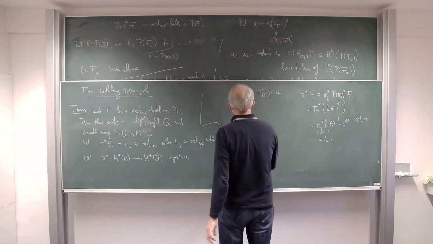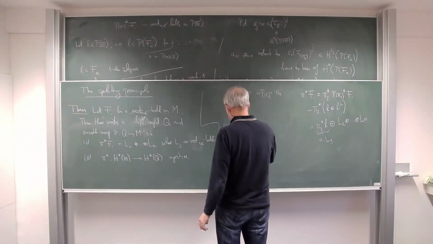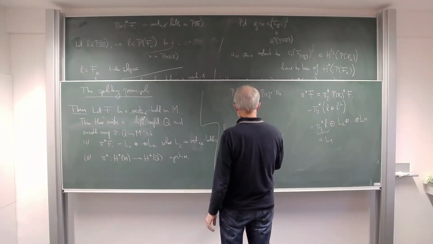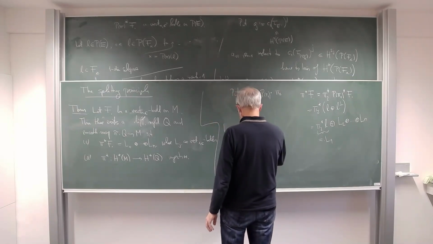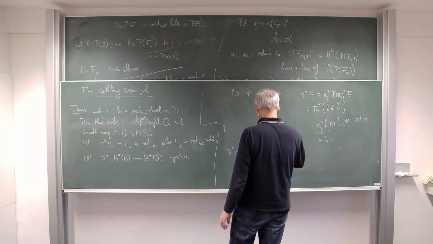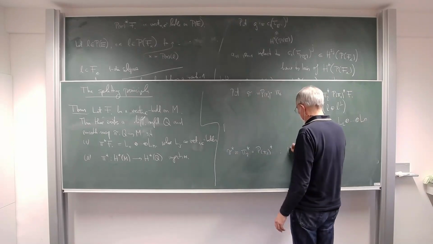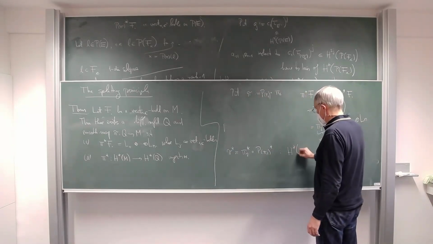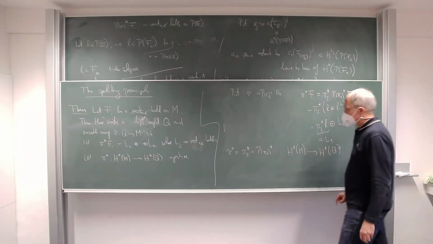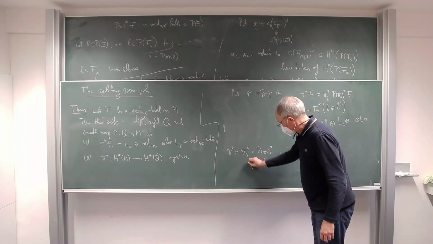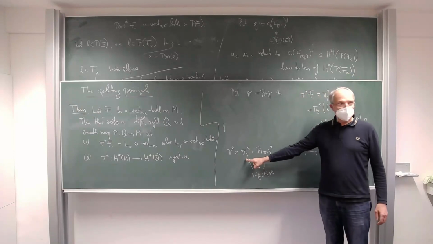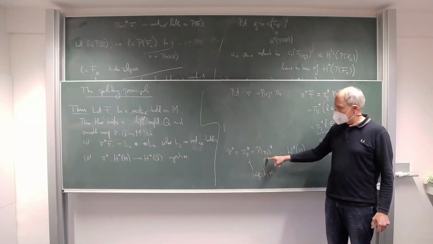And if I look at the map on homology, then this is the same as pi 2 star composed with P of pi 1 star, as a map from the homology of the original base manifold to the homology of Q, and these two are injective. So this is by the induction assumption, and this is by Leray-Hirsch.